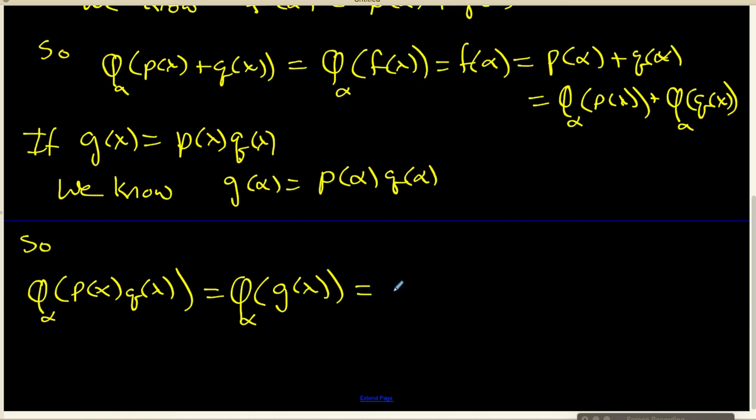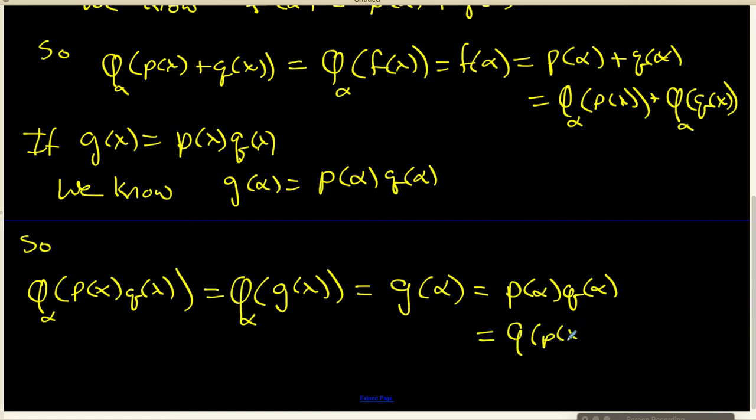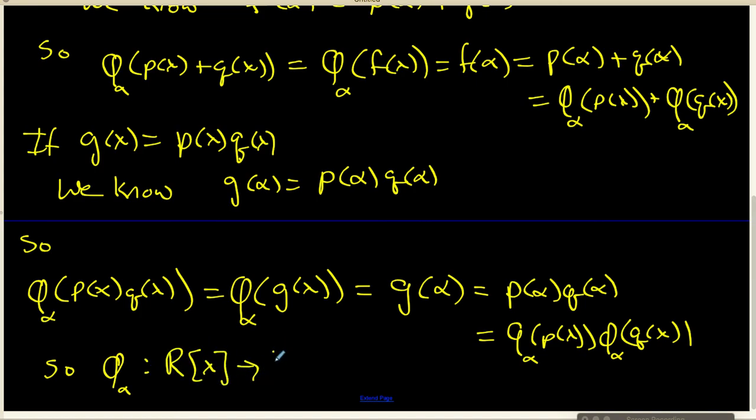Well, phi says to evaluate g at alpha, so that's g of alpha, but we've already seen that that is p of alpha times q of alpha, and that will be phi of p of x times phi of q of x. And so we really do have phi sub alpha taking R[x] into R is a ring homomorphism.